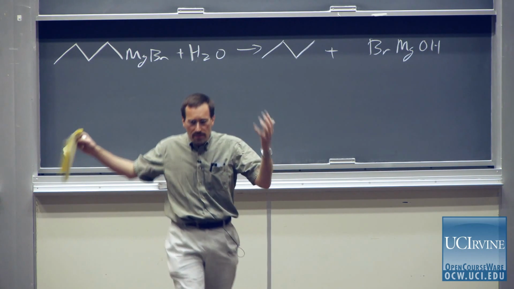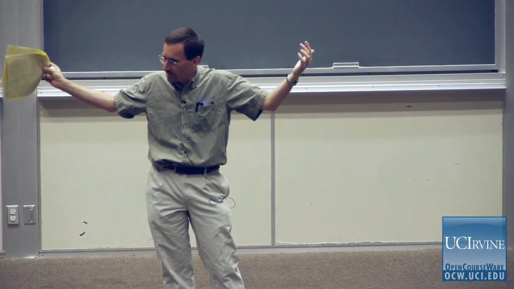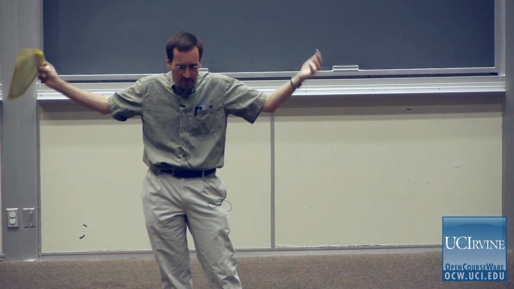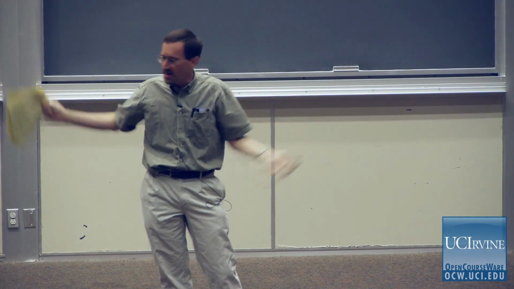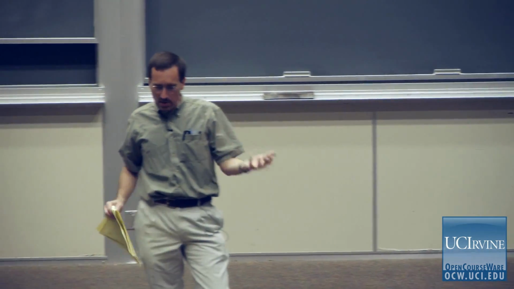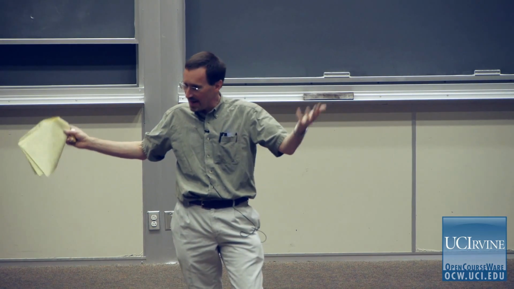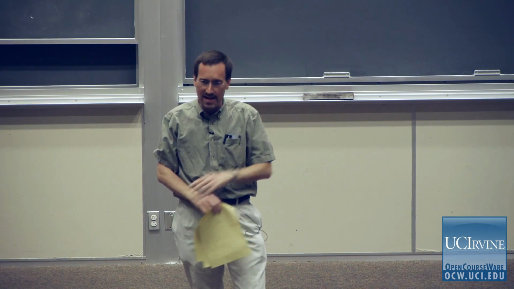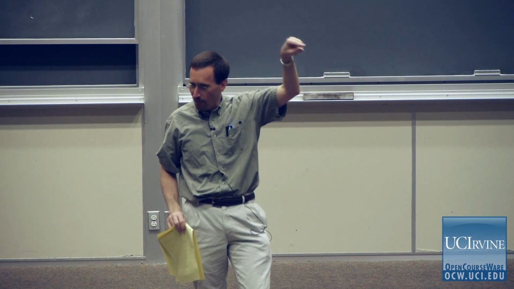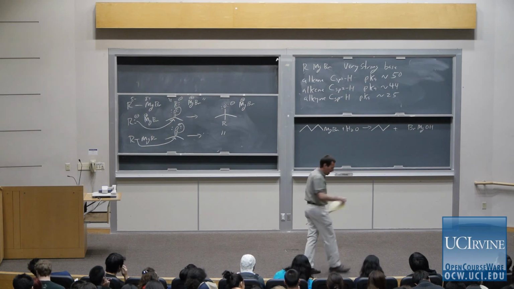And because the pKa difference is so humongous, the pKa of water is 15.7, the pKa of butane is about 50, I don't even bother to write an equilibrium arrow. The equilibrium constant is 10 to the 34th, right? It's 10 to the difference in pKa's. That reaction lies so far to the right that there's just no component to the left of it.